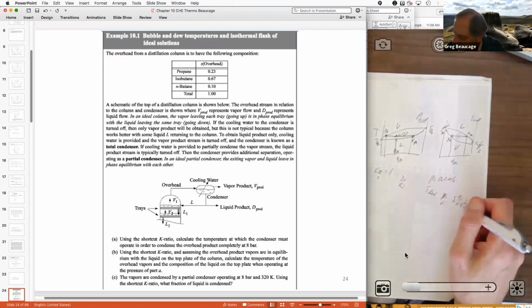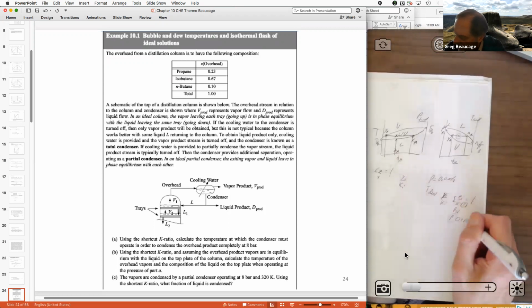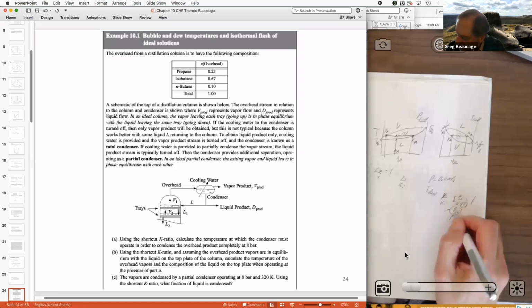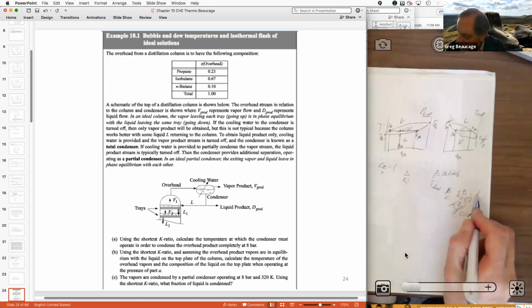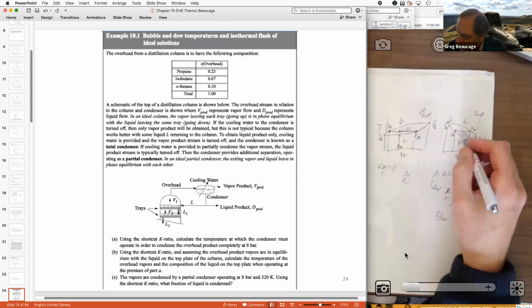Ki is P sat over P. You know P is 0.8 megapascal. Then you calculate P sat for a different temperature, and then vary the temperature until you get this thing to be 1, and that would be the dew temperature. Then you could tell if this was a vapor phase, a liquid vapor mixed phase, or a liquid phase.